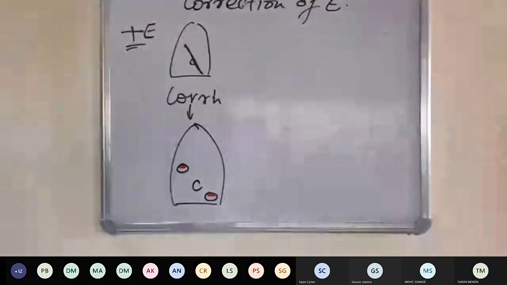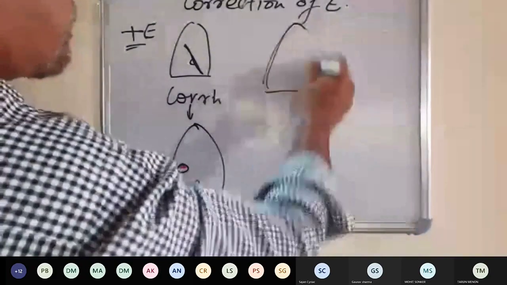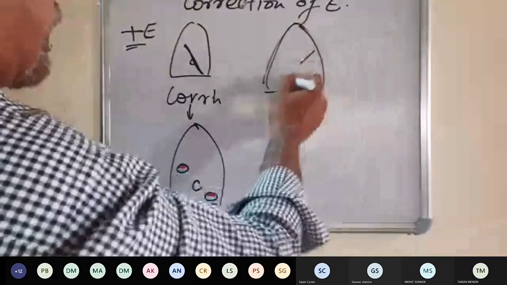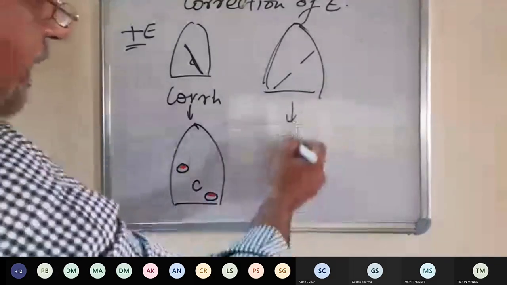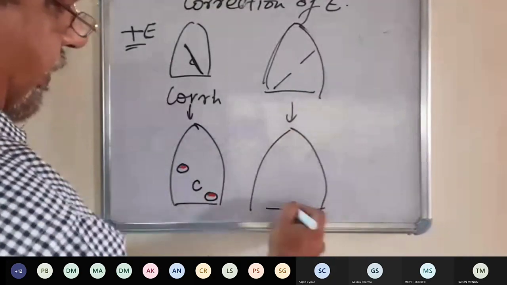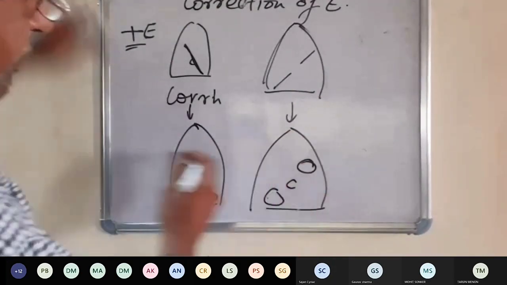Another case of positive E was also like this. Divided soft iron running from starboard bow to port quarter. In this case, the correction can be done the similar way by placing the soft iron in this manner.